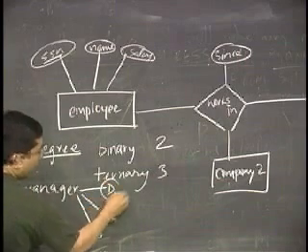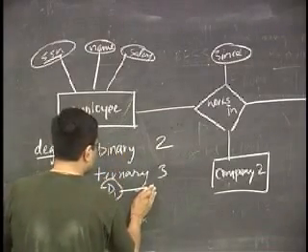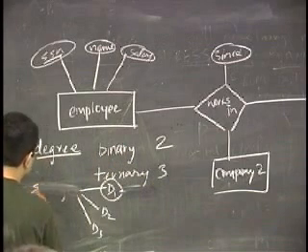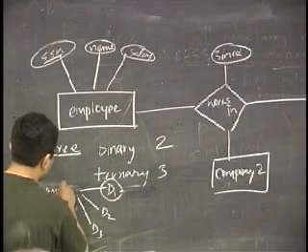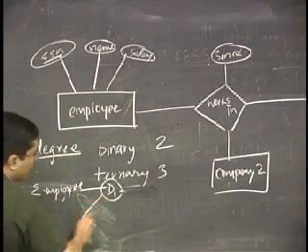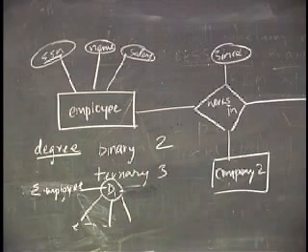But if we go back and, instead of manager, make it an employee working in this department, and you can have multiple employees here, this would give you a different cardinality.